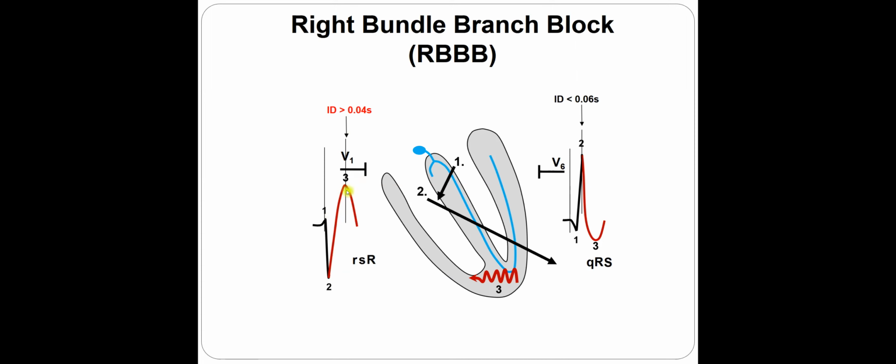But here we have another big R wave, so the ventricle activation time is elongated on the right side. However, the R wave in V6 is still normal because left ventricle activation is not altered. But we have a deep, slow, slurred S wave. So this is how you diagnose a right bundle branch block.